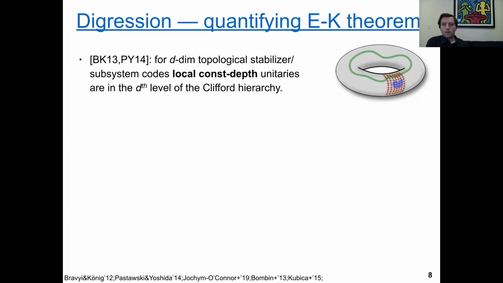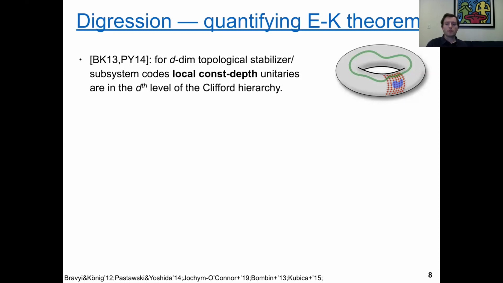Then the stabilizer operators, the checks we measure, are geometrically local. With topological codes, logical information is encoded non-locally in the system. So if errors can only affect local regions, they cannot implement logical operations easily.